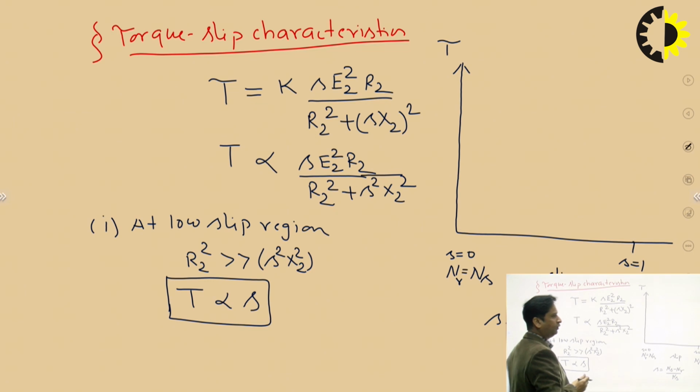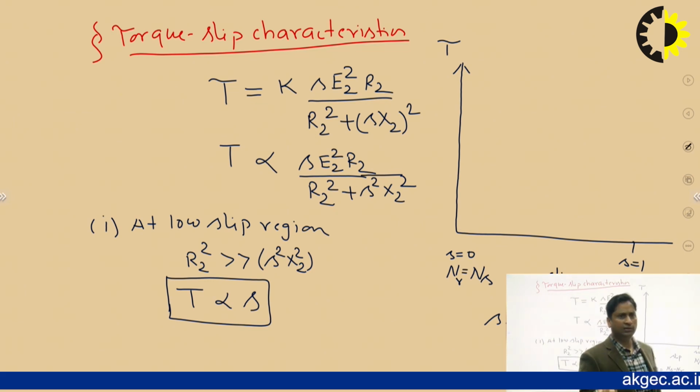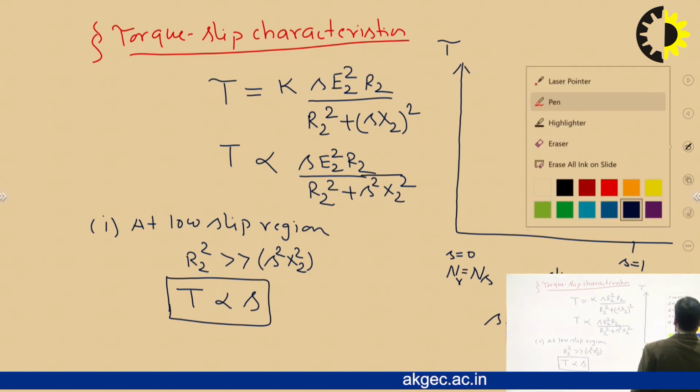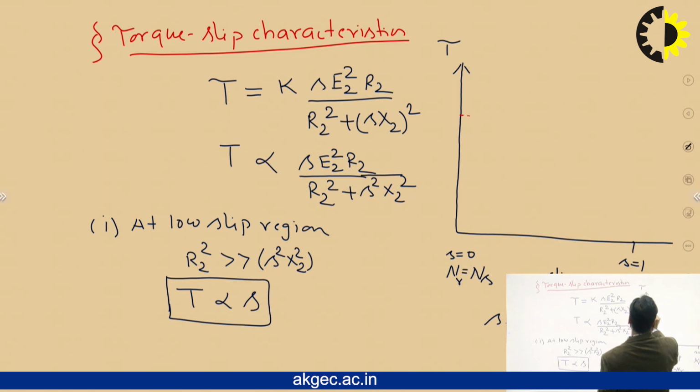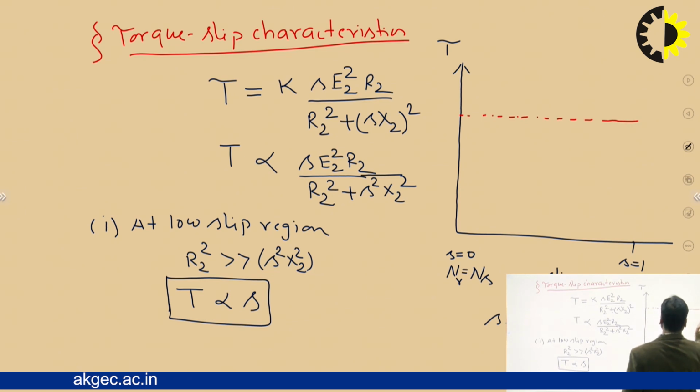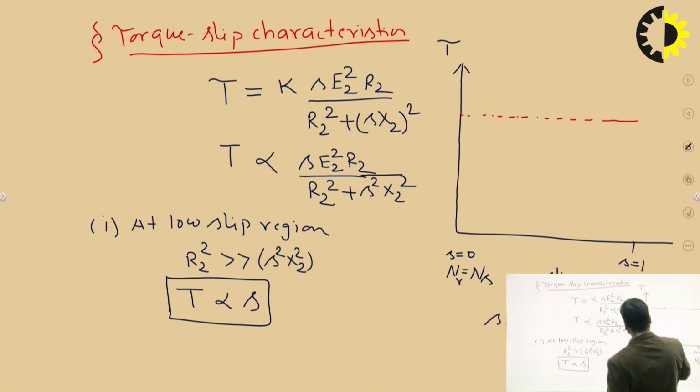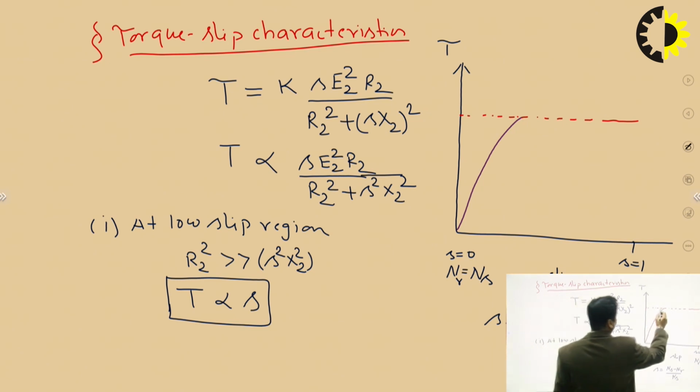When the torque is proportional to slip, it is almost linear. So when the value of slip is low, it is almost linear between the torque and slip curve.